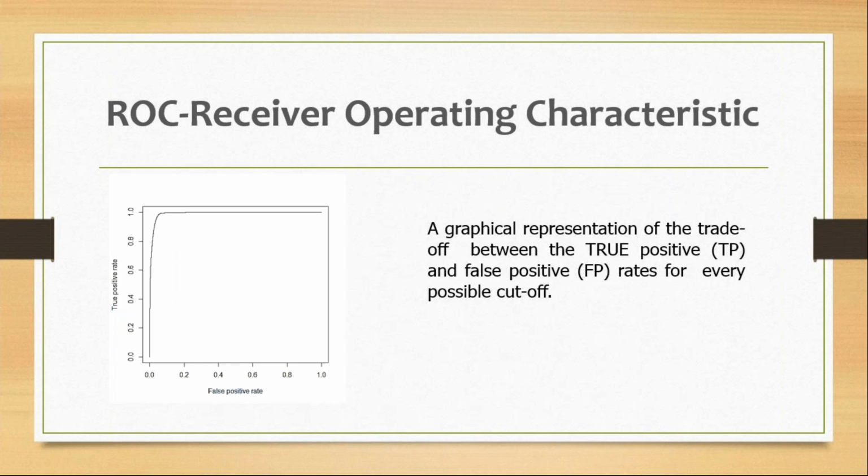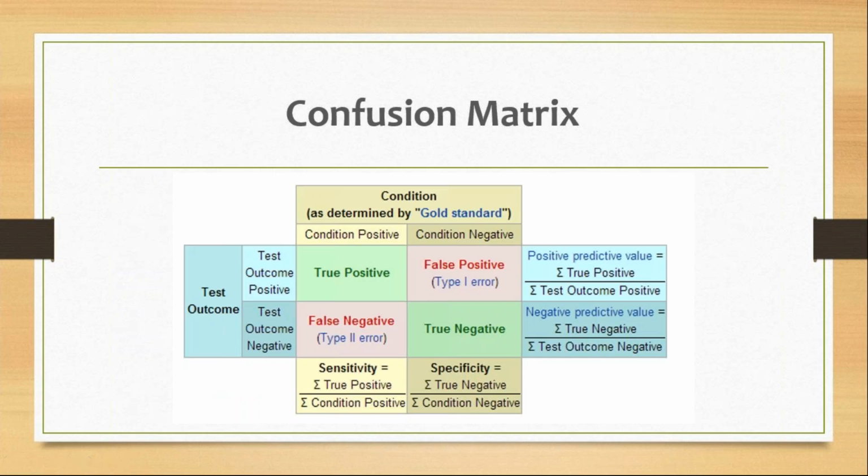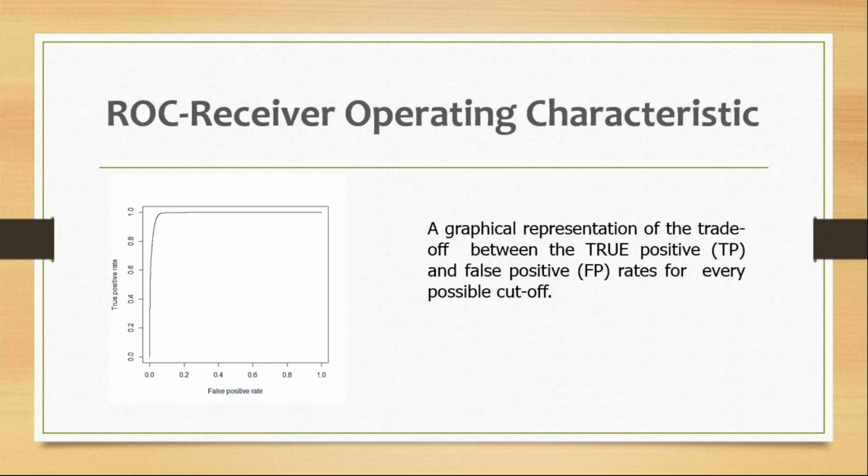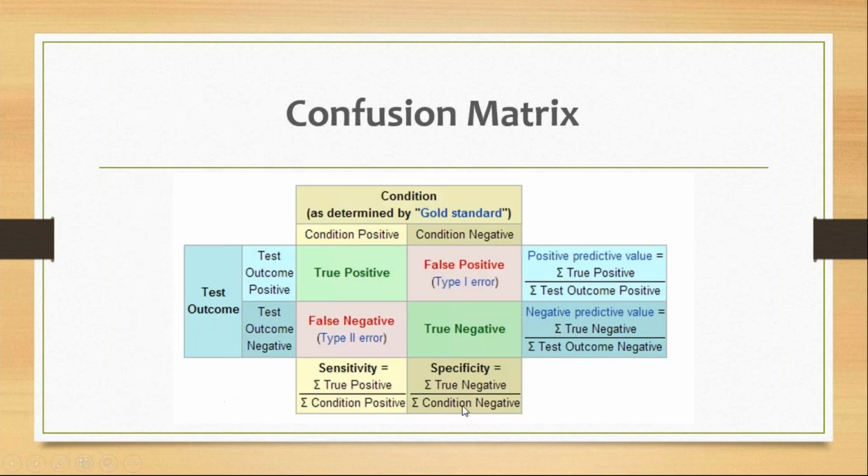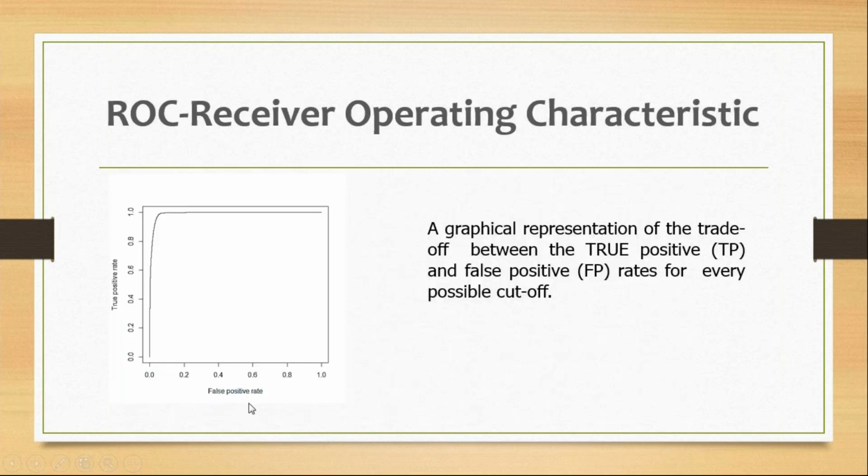And this is my receiver operating characteristics. So if I have true positive, that will be my sensitivity. And this will be my 1 minus specificity, because it was true negative, so false positive would be 1 minus of that.